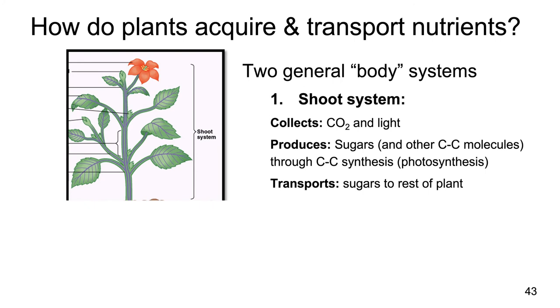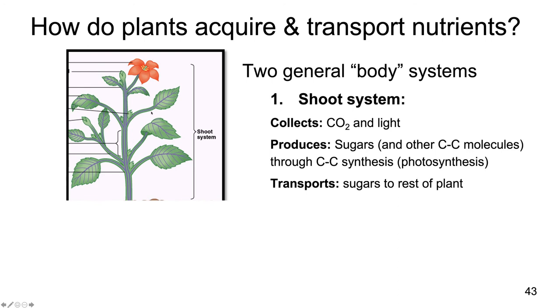So let's break this down a little bit further and talk about how plants acquire and transport nutrients. In general, there are two body systems, body in quotation marks because you don't normally refer to a plant's body. Essentially you've got an above ground shoot system that you're looking at here that's composed of the branches and leaves and trunk of the plant.